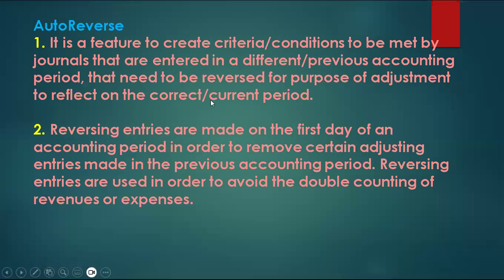Then we have another item that I want us to look at, which is auto reverse. Auto reverse is a feature to create criteria or conditions to be met by journals entered in a different or previous accounting period that need to be reversed for the purpose of adjustment, to reflect in the correct or current period.